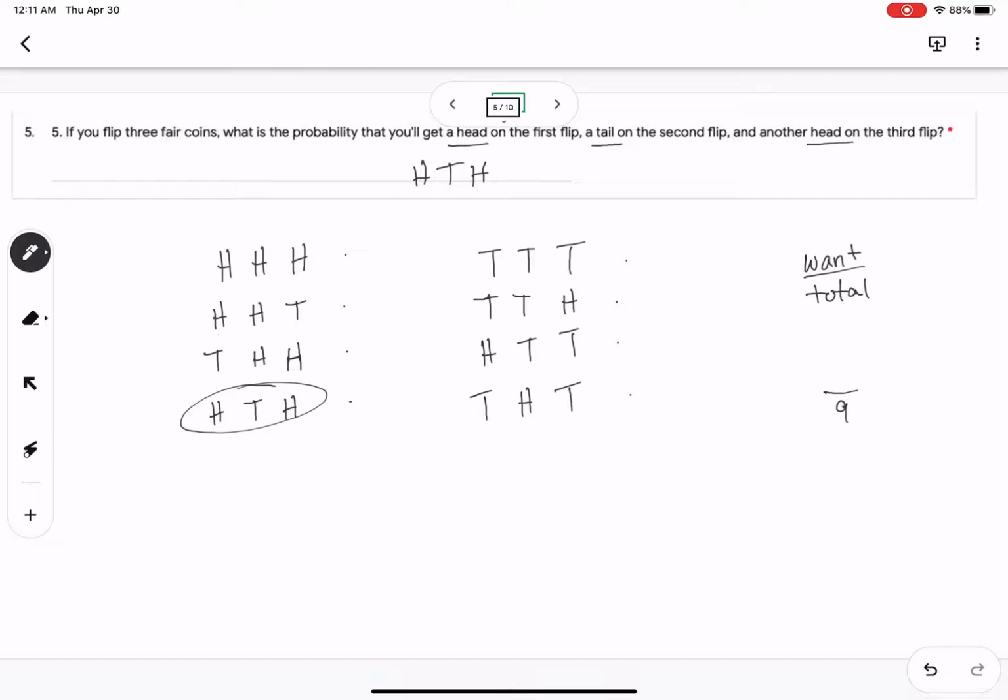Only 1. I don't know why I said 9. There's 8 there. Scratch that. I counted 8 and then I said 9. Crazy. So there's only 1 option out of those 8 that are heads, tail, and then heads in that order. And that will not reduce. So that is your answer. So 1/8 when you type it in.